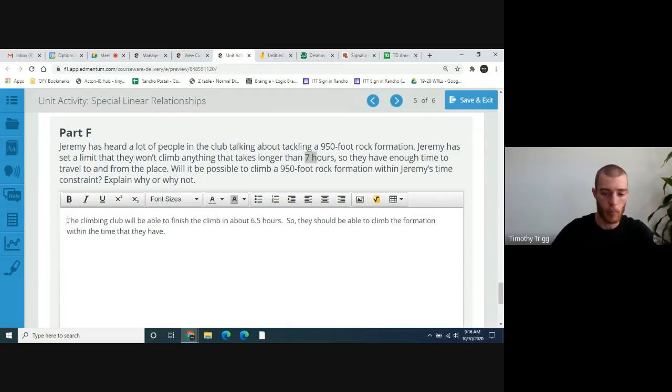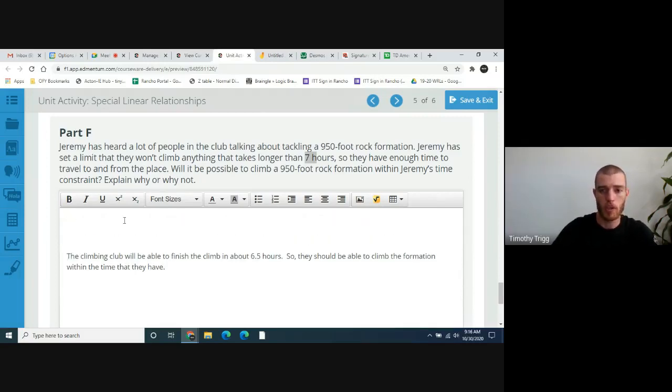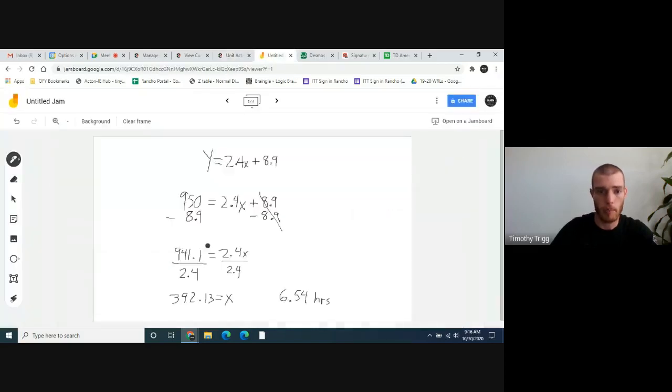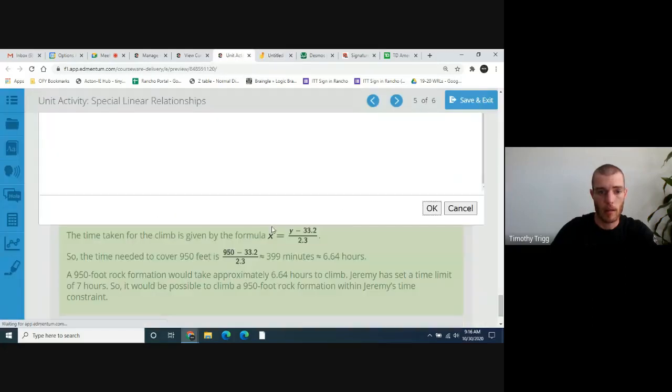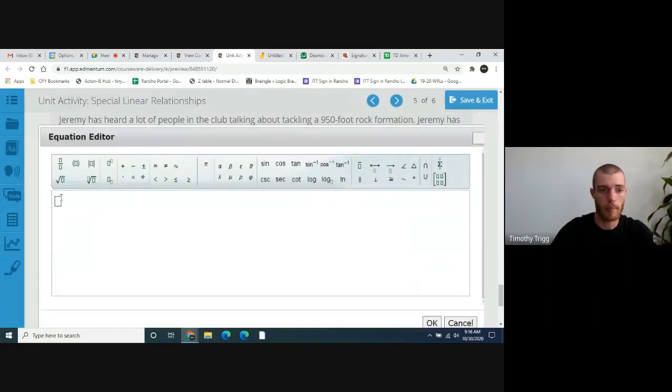Now I should show some of the work here. So what I'm going to do, above this, I'm going to use the equation editor and show basically this work. Show some of this here. So first, y. Use the equation editor. And my equation was y equals 2.4x plus 8.9.